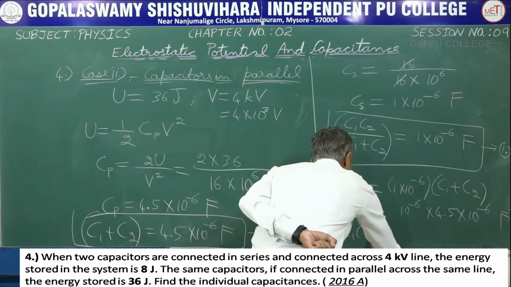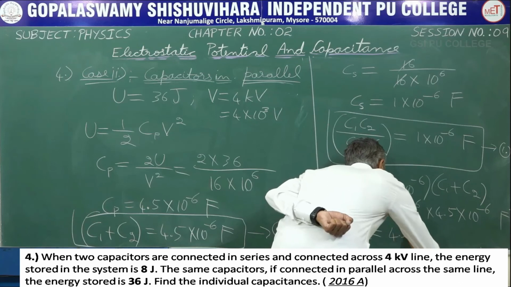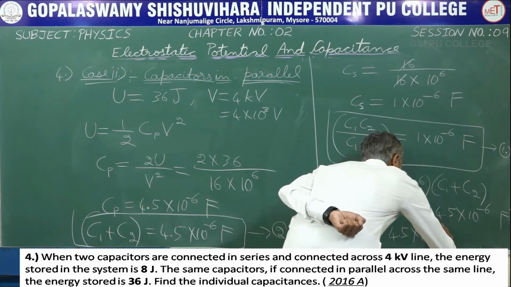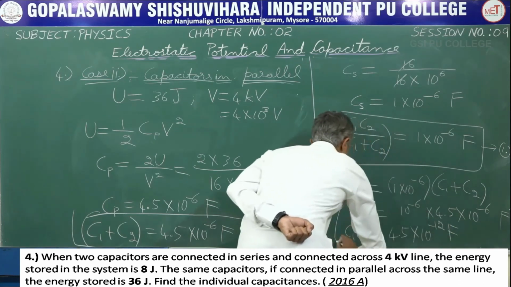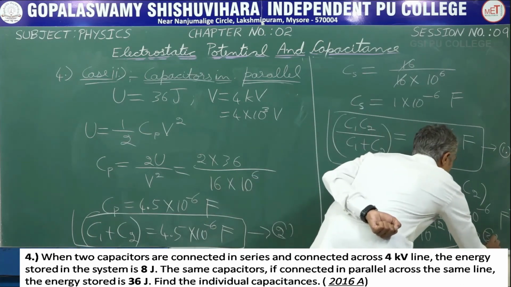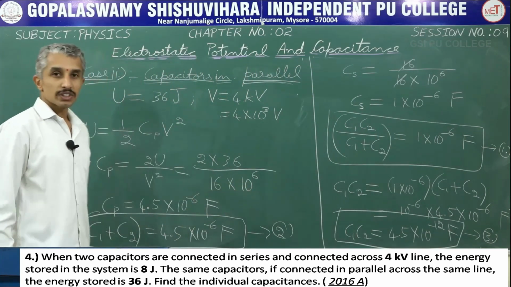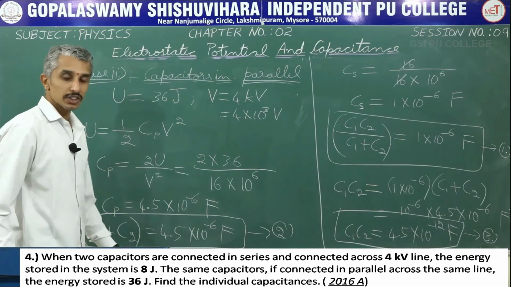So C1 into C2 will be 4.5 into 10 to the power of minus 12 farad. Equation 3. Now using equation 2 and equation 3 we can solve for C1 and C2.